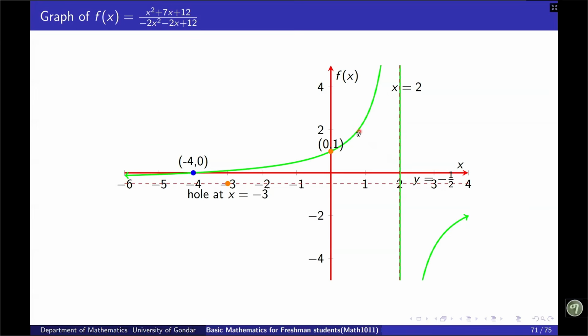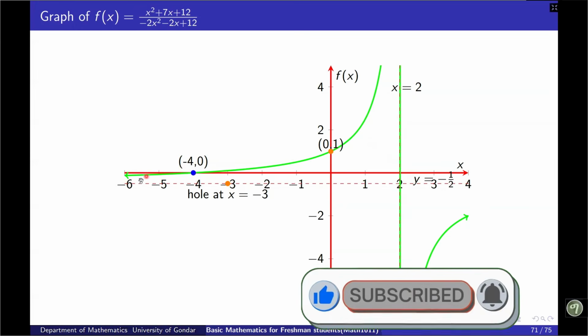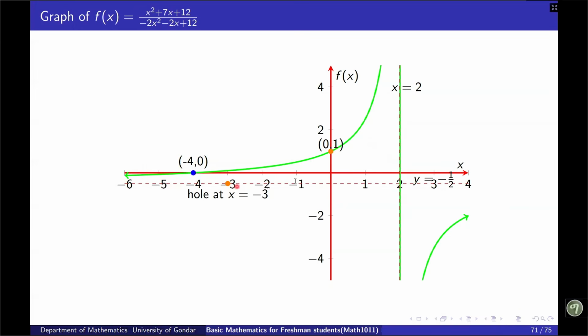And when x gets a very small negative number, that means x tends to negative infinity, the graph will intersect the x-axis at (-4, 0), and it approaches the horizontal asymptote, y equals negative 1 over 2, from above.